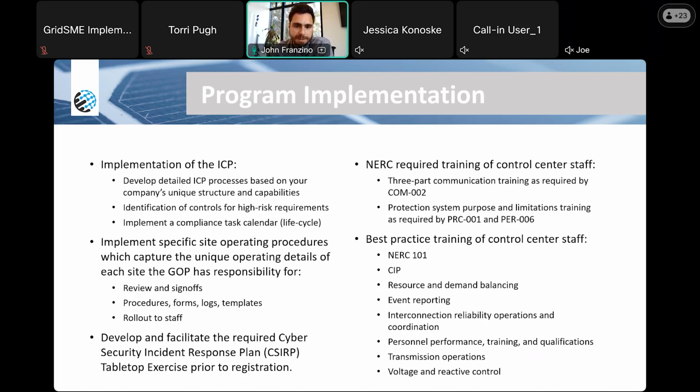So a lot of best practice training we always recommend, even though it's not explicitly required by the GOP standards.